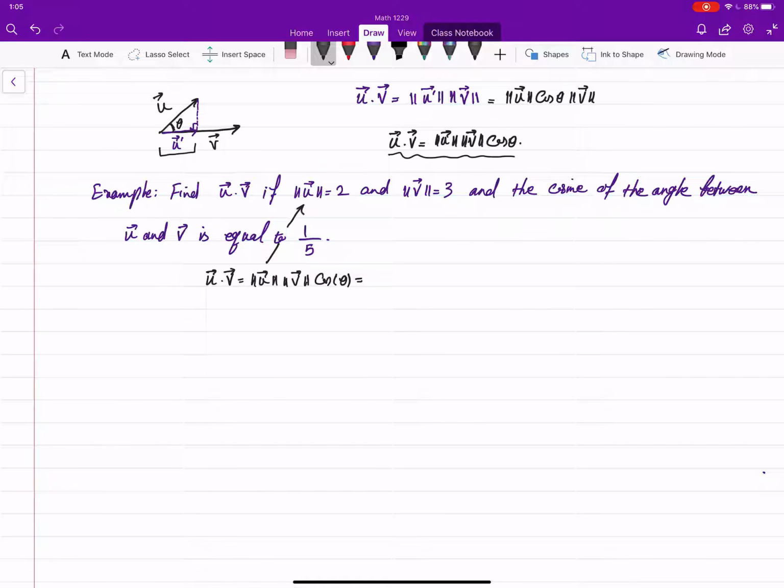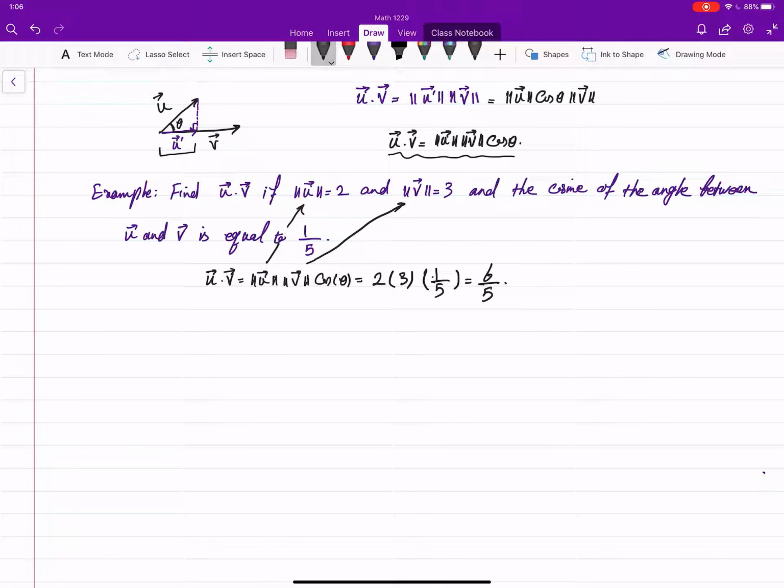The length of u is given, it's 2. The length of v is given, it's 3. And the cosine of the angle between the two vectors is 1 over 5. So what we found is that the dot product of u and v is 6 over 5, without knowing the components of the vectors u and v.